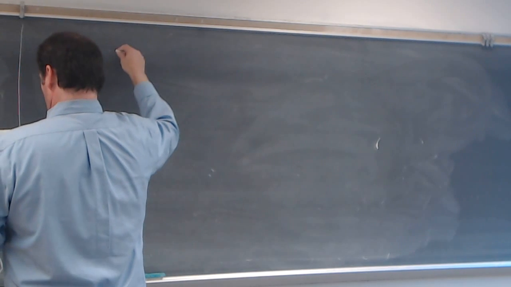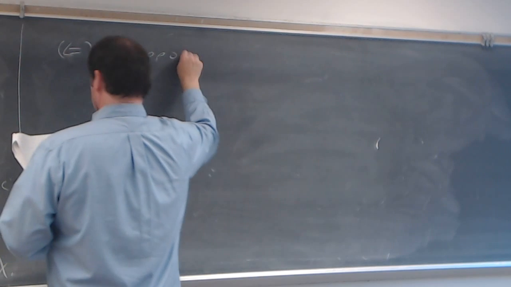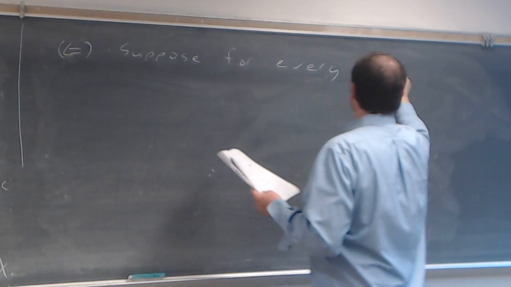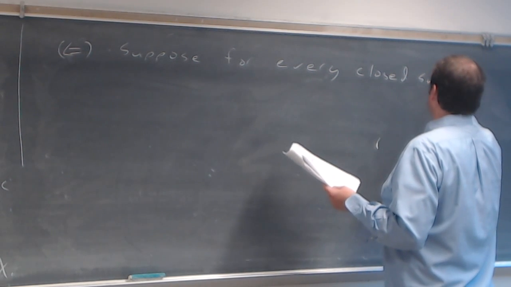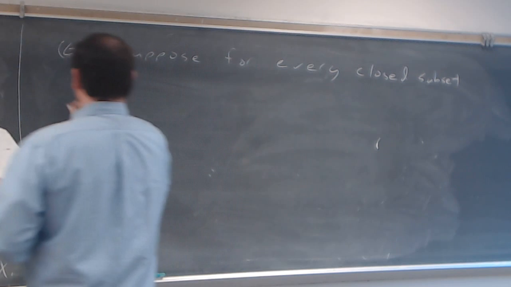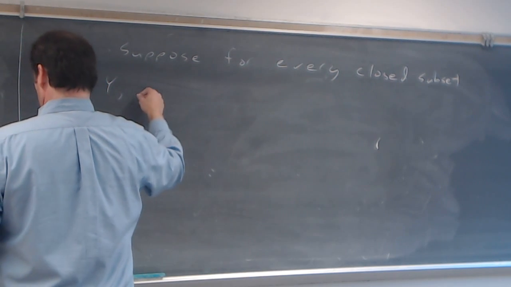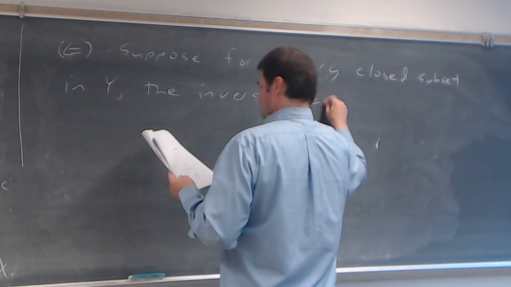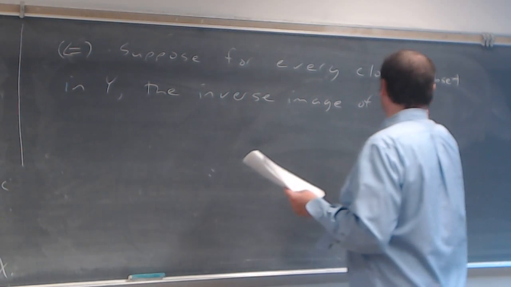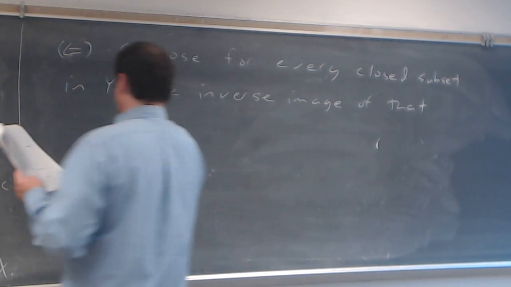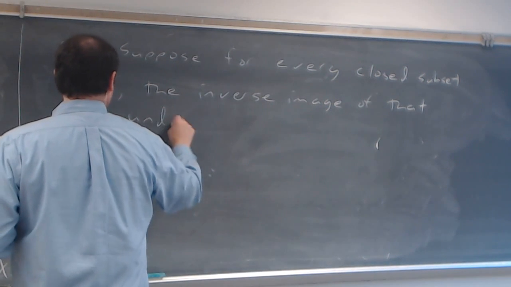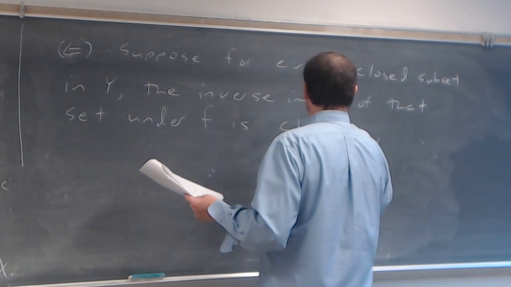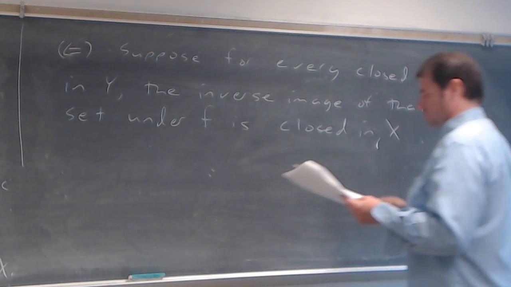This direction, we suppose for every closed subset in Y, the inverse image of that set under F is closed in X. Okay?